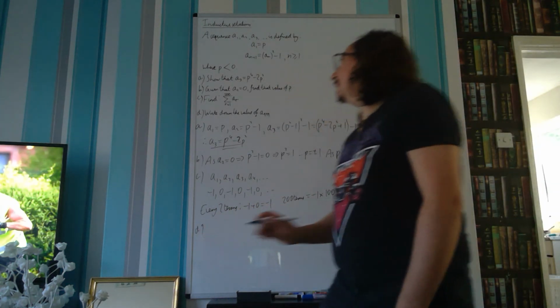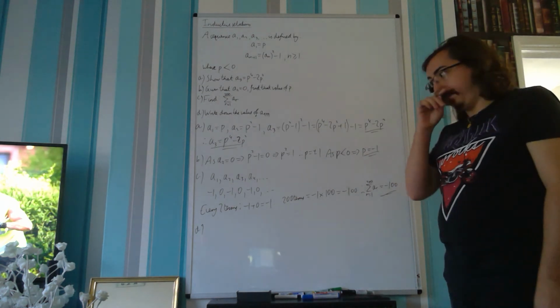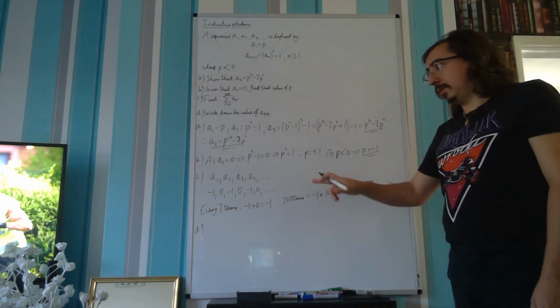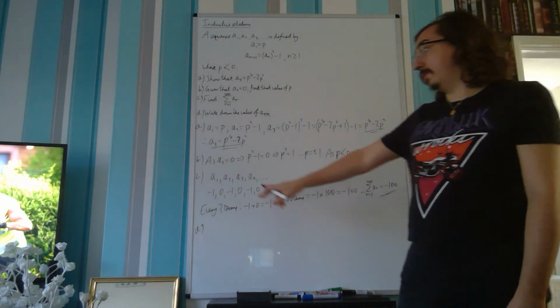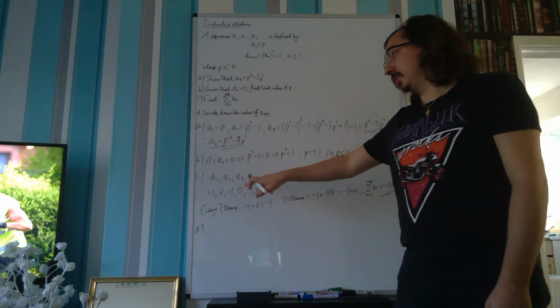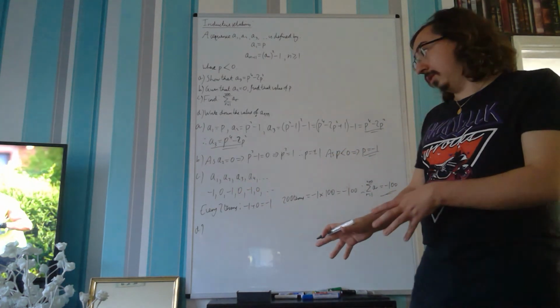Moving on to part D then, it says hence write down the value of a999. Well, let's look at our terms here. Because we know that the first term is -1, then 0, -1, 0, actually we can state something about our odd and even terms.